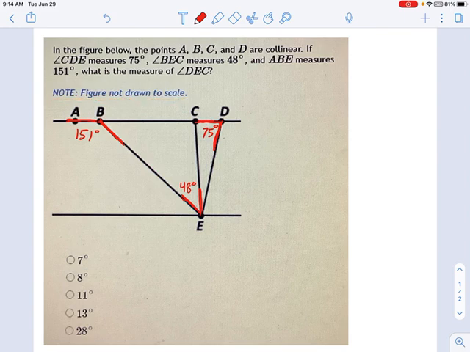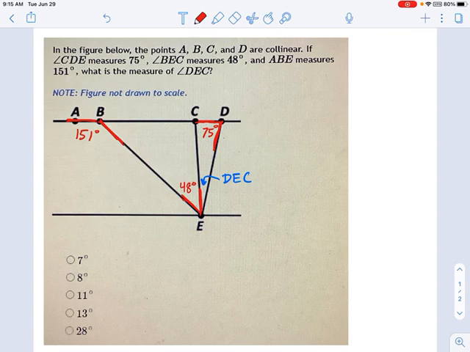When they want to know the value of DEC, okay, what are they looking for here? Let's draw that in blue. DEC is going to be this teeny little angle right there. Don't try to estimate what it is by looking at the picture. It's not a good way to do it. We have to use properties of triangles to figure this out. So if I know two angles in a triangle, I can figure out the third angle of the triangle.